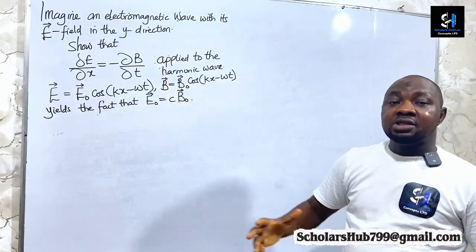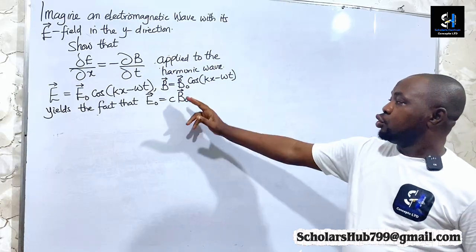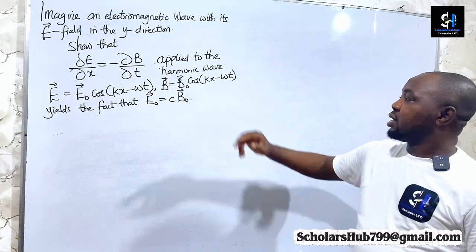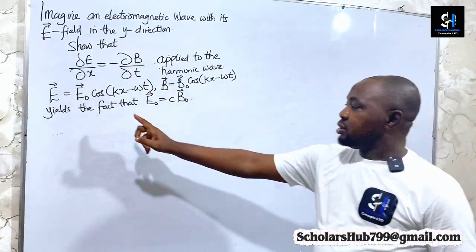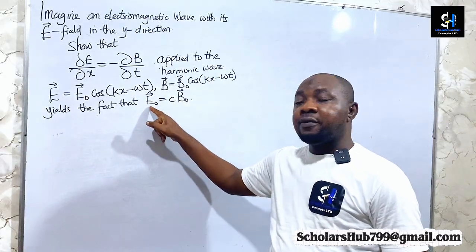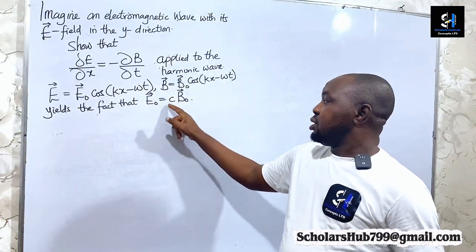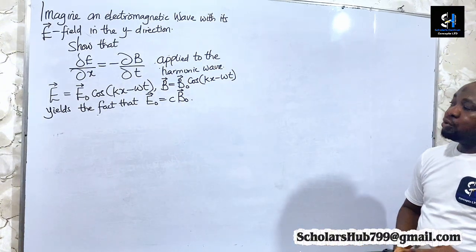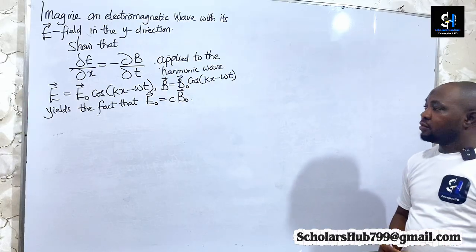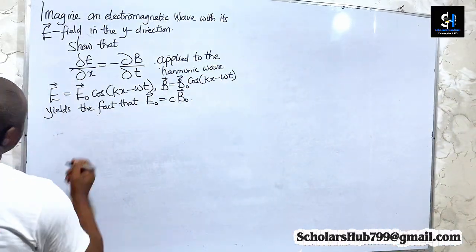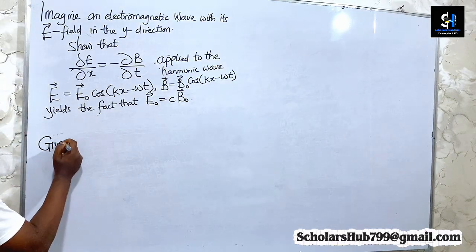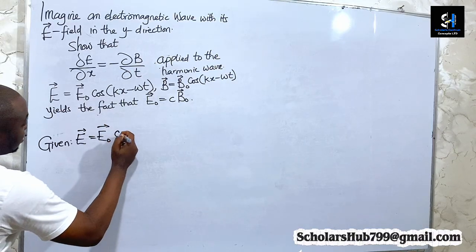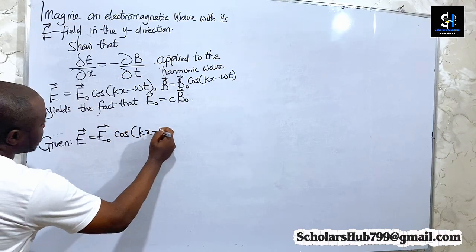And we're also given the magnetic field function to be the amplitude magnetic field strength B naught cos(kx - wt), which yields the fact that the amplitude field strength of the electric field is equal to the product of the speed of the electromagnetic wave and the amplitude magnetic field strength. All right.